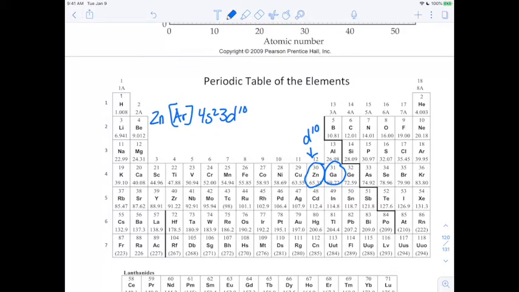The gallium, on the other hand, starts off the same way, but it's got one extra pesky electron. And that electron is going to jump around between the 3p orbitals.